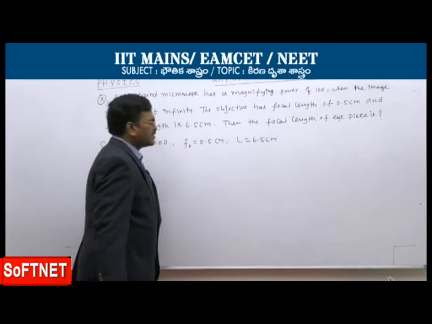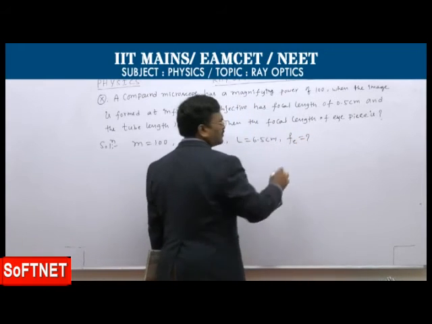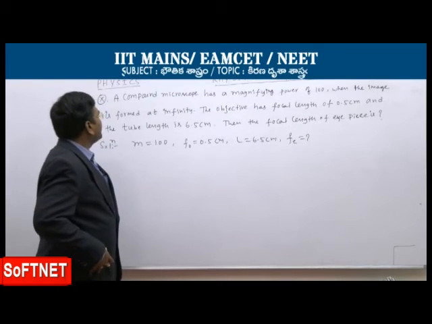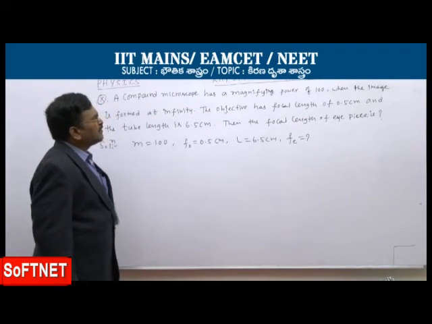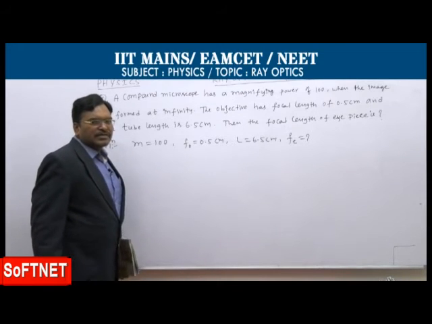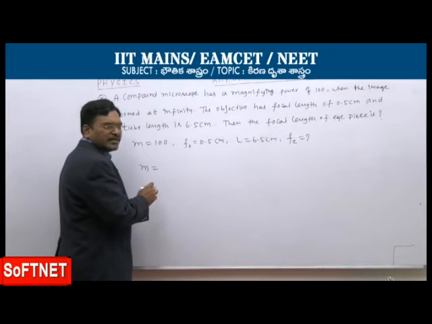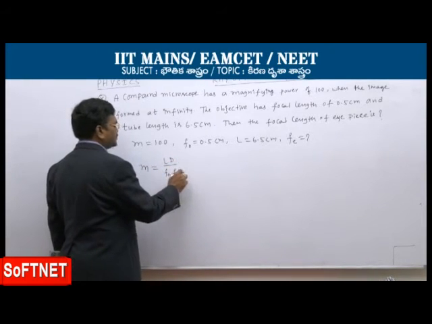We want to calculate the focal length of the eyepiece, Fe. The image forms at infinity, so what is the formula? Magnifying power is equal to LD by F naught into Fe.